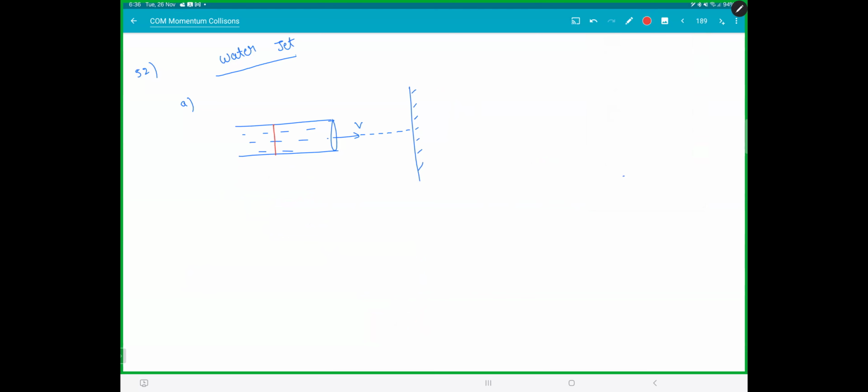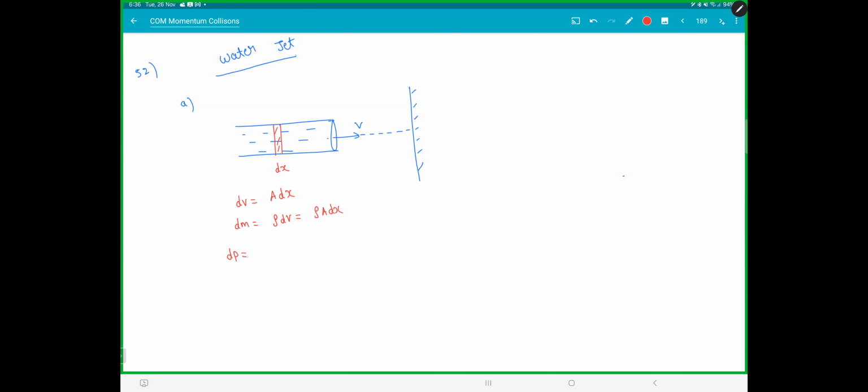Take a small slice of length dx. So the small volume will be area into dx. So the small mass will be density into volume, rho A dx.